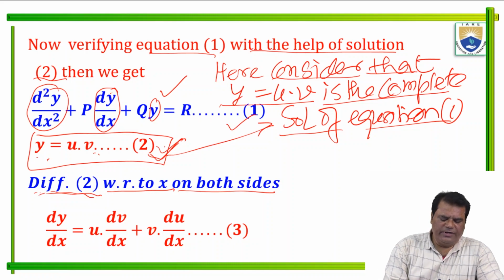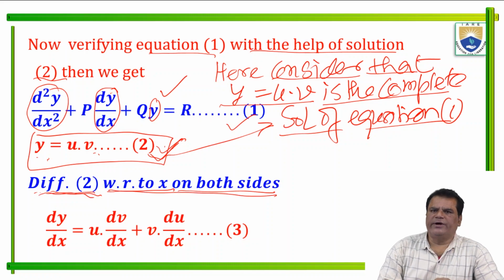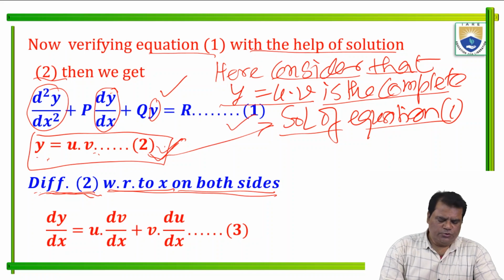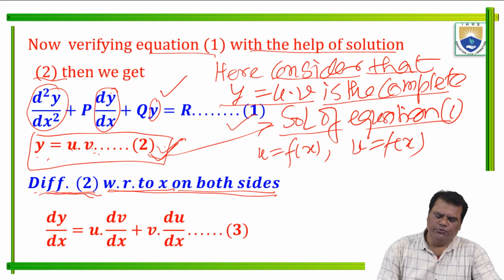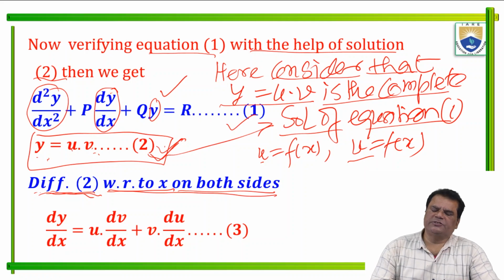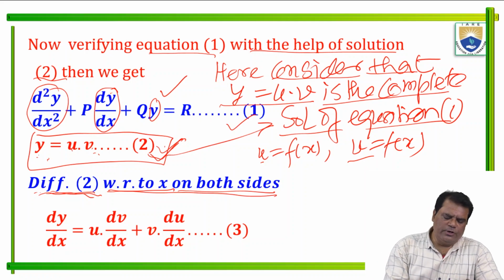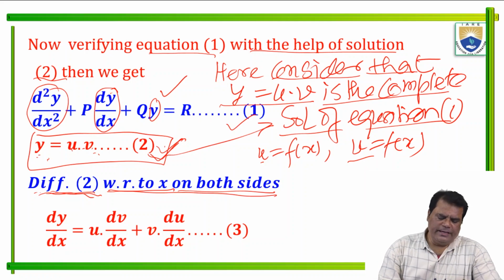So now differentiating equation 2 with respect to x on both sides. Here u and v are also functions of x. U is a function of x and v is a function of x. So u is differentiated with respect to x and v is also differentiated with respect to x. So y equal to u into v, here we apply the product formula.